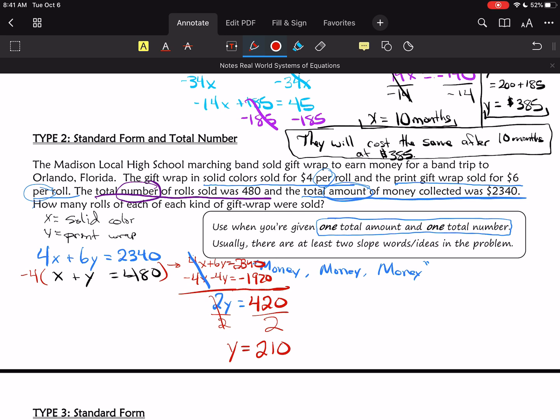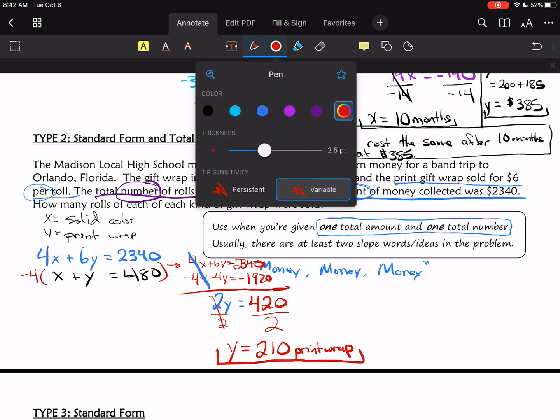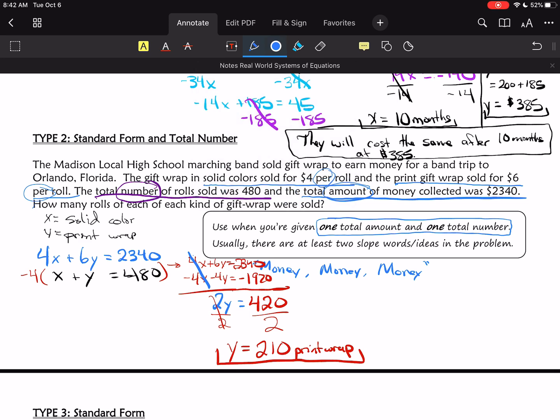And y was the number of print gift wrap sold. Okay. Now I just need to figure out how many solid colors I sold. So I'm going to plug into that original bottom equation. So x plus 210 equals 480. Subtract the 210. I get x equals 270.